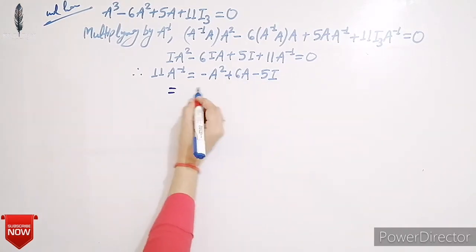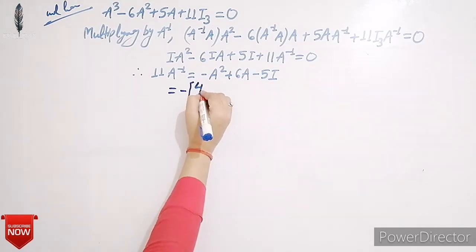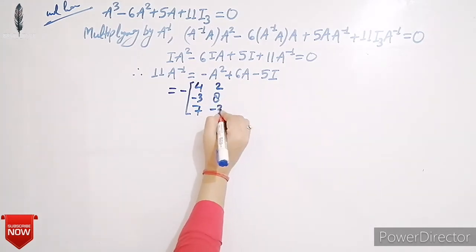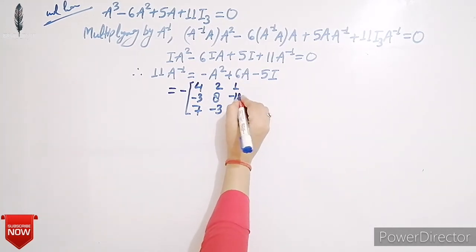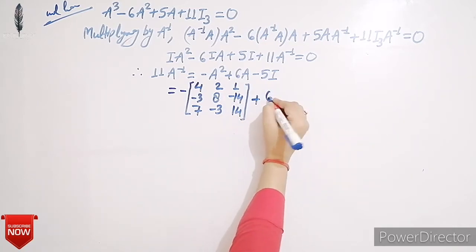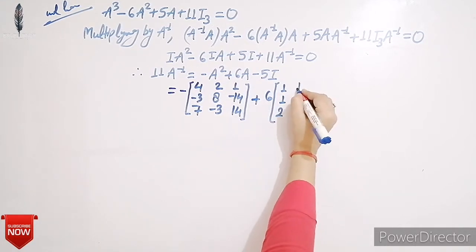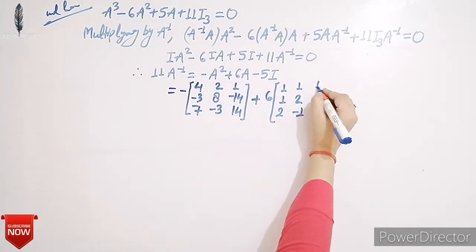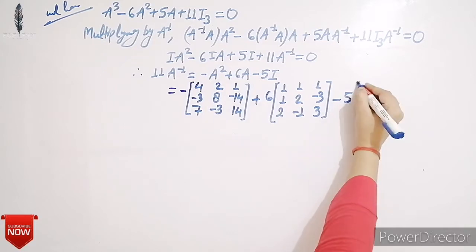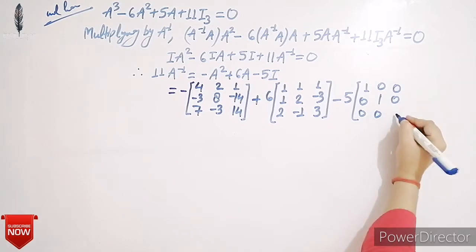Put all these values. We have minus the value of A square, which is the matrix 4, minus 3, 7, 2, 8, minus 3, 1, minus 14, 14, plus 6 times the value of A, which is 1, 1, 2, 1, 2, minus 1, 1, minus 3, 3, minus 5I, that is the identity matrix 1 0 0, 0 1 0, 0 0 1.